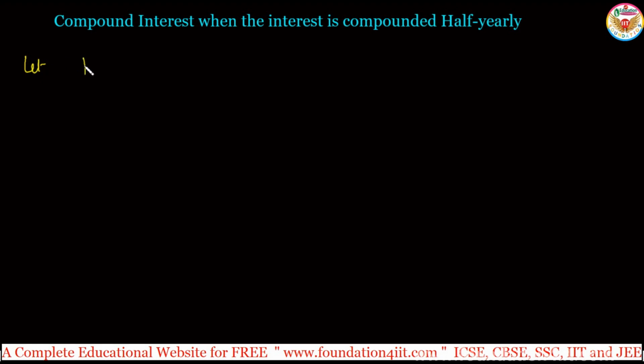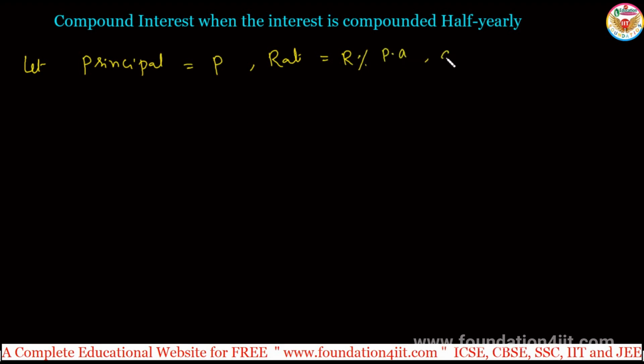Let the principal given in the question be P, the rate of interest be capital R percent per annum, and time be n years. These three they will give in the question: principal amount, rate of interest, and time.